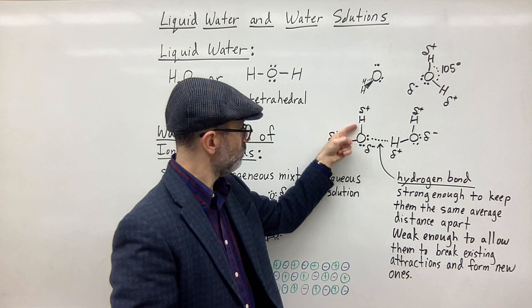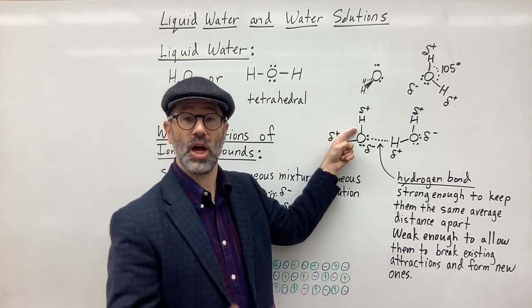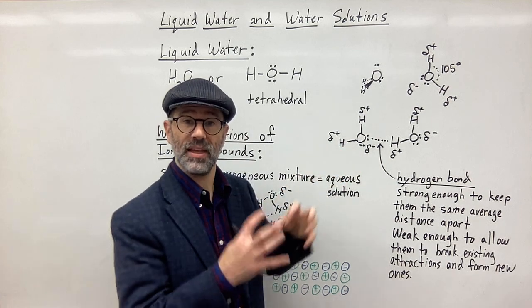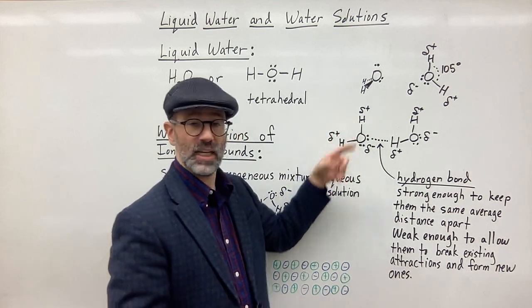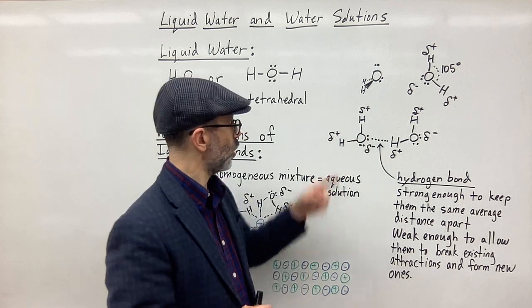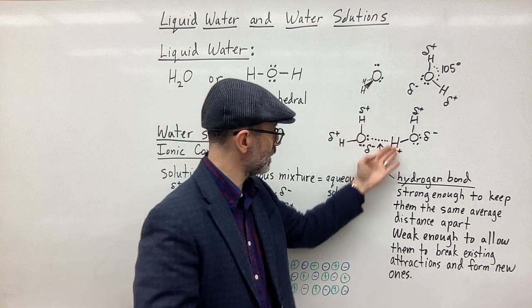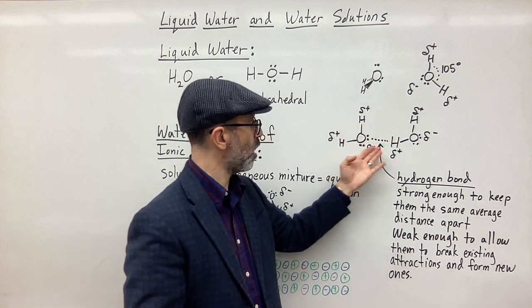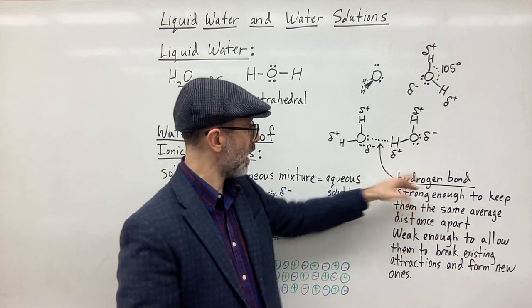So here, this is not an intermolecular force, it's an intramolecular force, meaning within the molecule. So this hydrogen bonded to the oxygen is an intramolecular force. This is much stronger here than here, but this is a relatively strong intermolecular force. We call this the hydrogen bond.